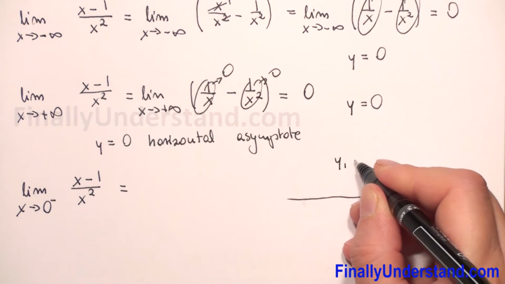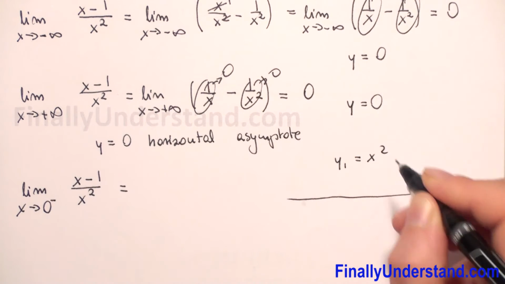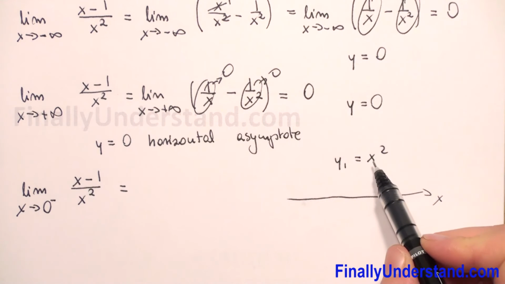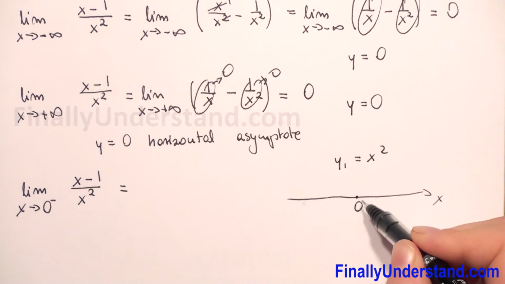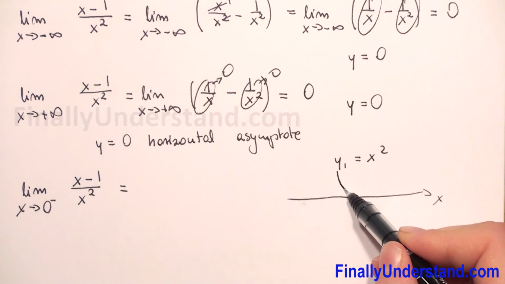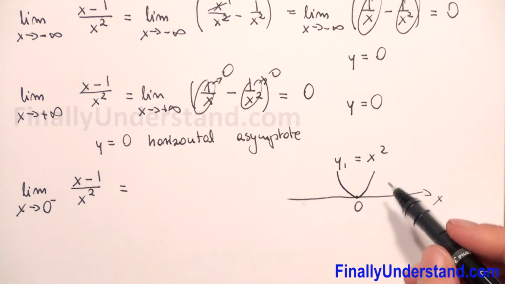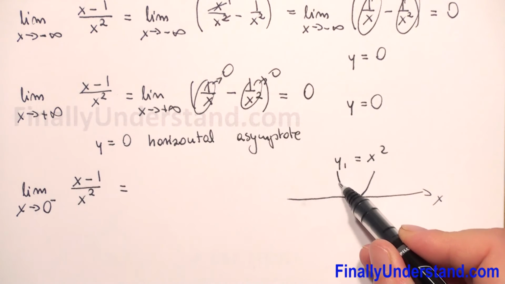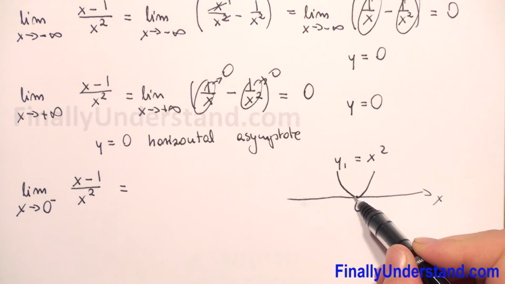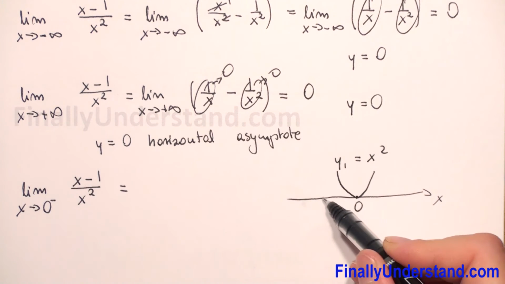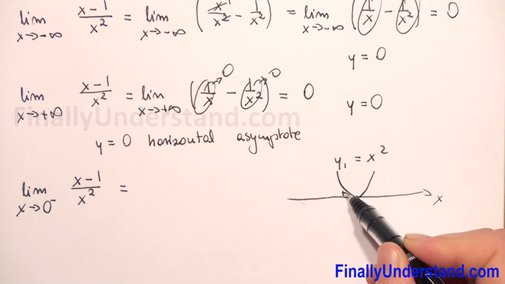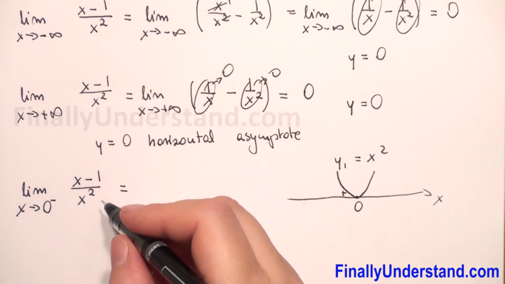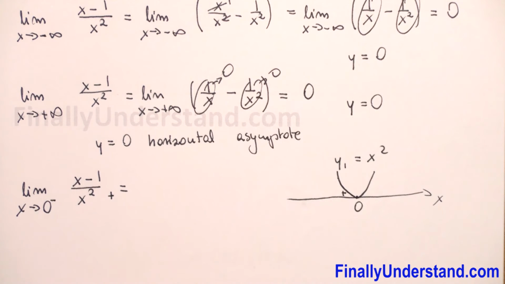So we have the function x squared. The graph is a parabola, open up because we have a positive coefficient before x squared. And we see when we are going to 0 from the left side, the values are positive because they are above the x-axis, and very small, we're going down. So we have a very small positive number.